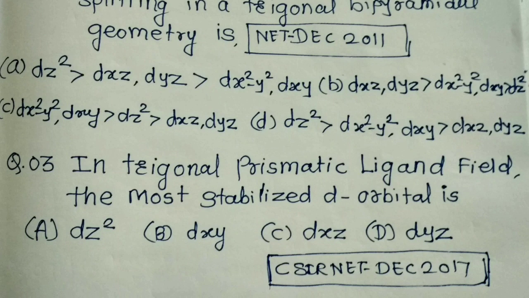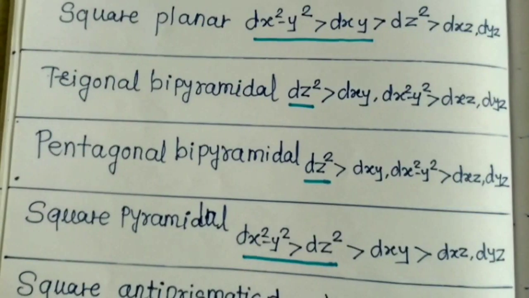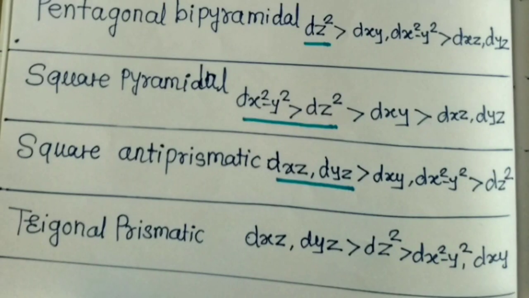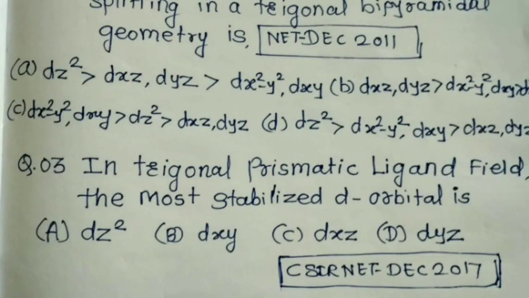So in the trigonal prismatic ligand field, the most stabilized orbitals are dx square minus y square and dxy, but in our options only the dxy orbital is given. So option B is correct.